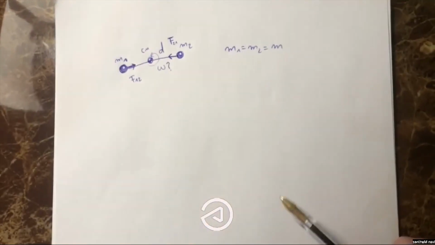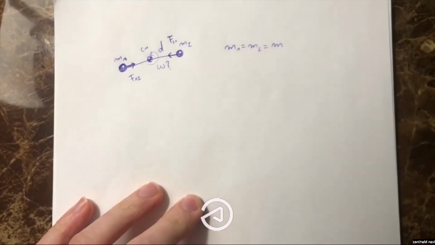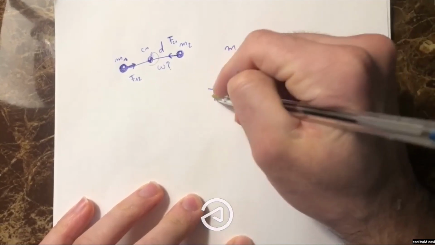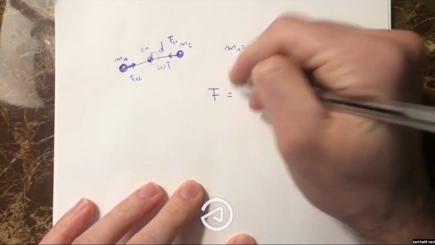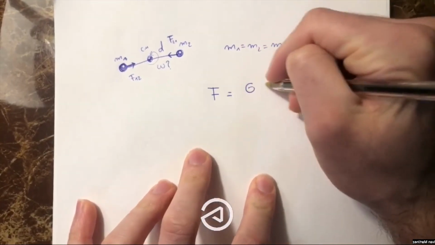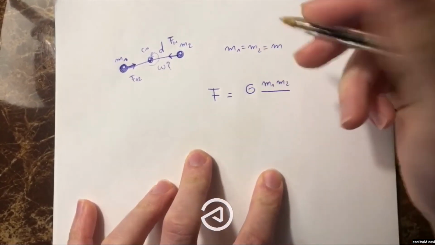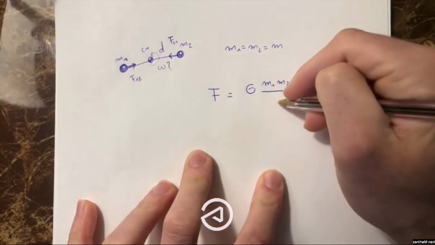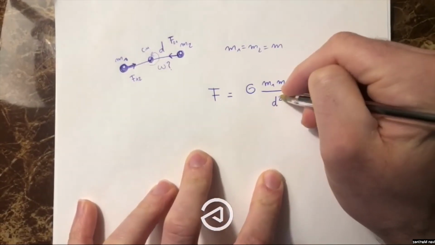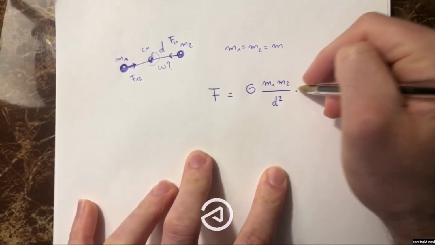What do we know here? You guys have seen the gravitational force. Force due to gravity is what? It's just G M1 M2 divided by the distance that separates them. We typically use R, but this problem uses D, so let's just use D. And then the vector that connects them.